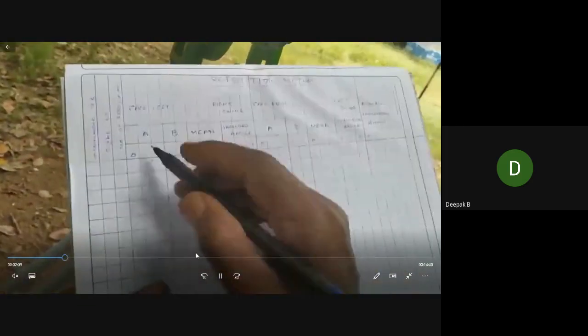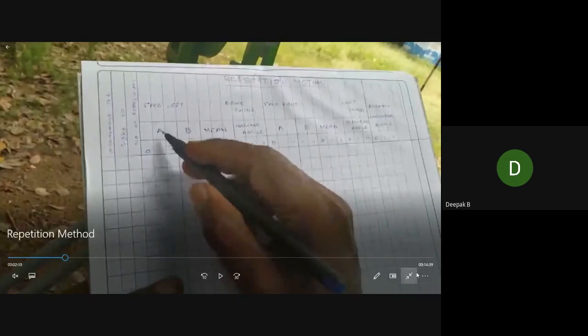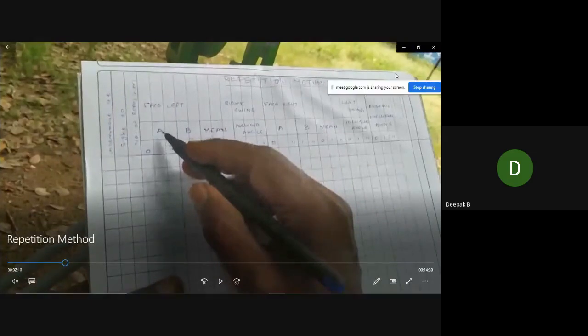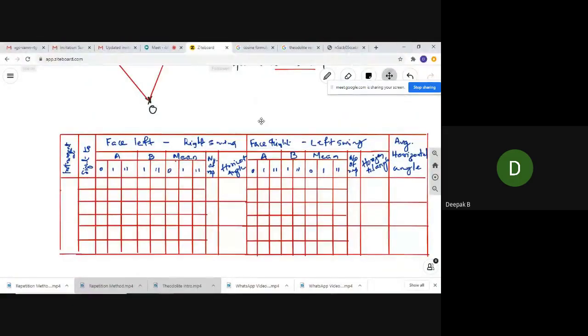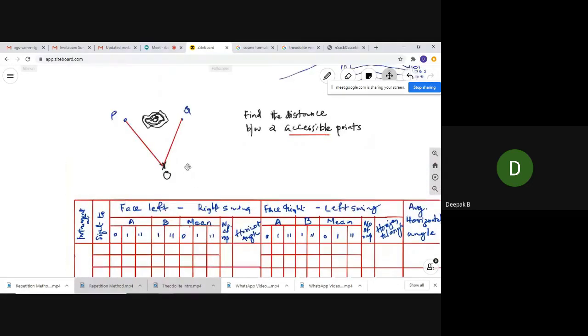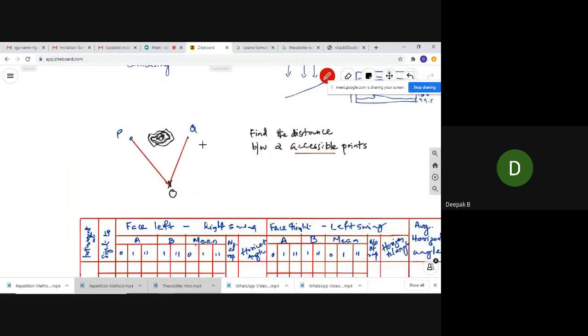So first, we are doing this using a process called repetition. Basically, what you are going to do is you have the telescope here.